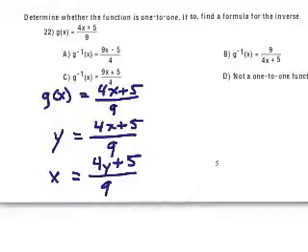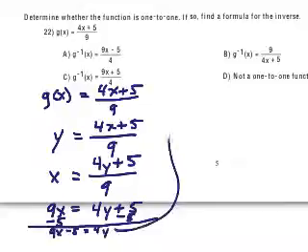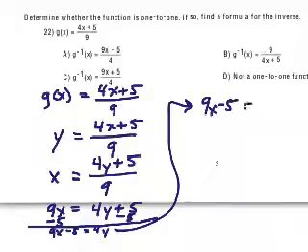Okay, now we solve for y. We can multiply both sides by 9, so we get 9x equals 4y plus 5. Then we're going to add a negative 5, because we want to get our y term alone. That gives us 9x minus 5 equals 4y.